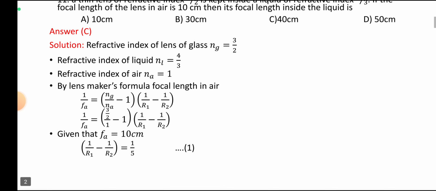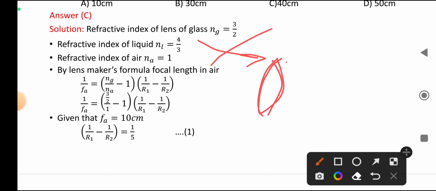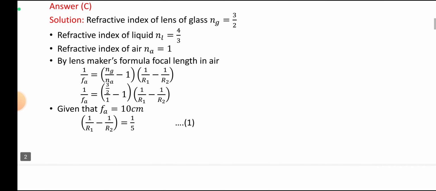When you keep the lens in air, the rays come from the air medium to the denser medium, that is the lens medium. So air is the first medium and glass is the second medium. The values are given above.